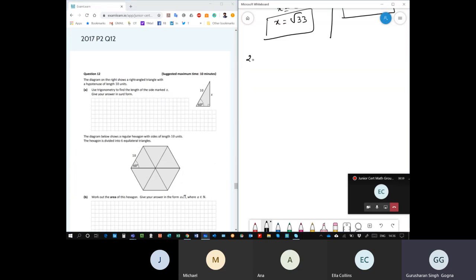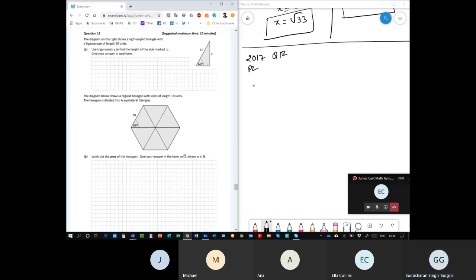This is 2017 paper 2, question number 12. They already give you the triangle. A diagram on the right shows a right angle triangle with hypotenuse of length 10. So everything is given. Use trigonometry to find the length of the side marked X.